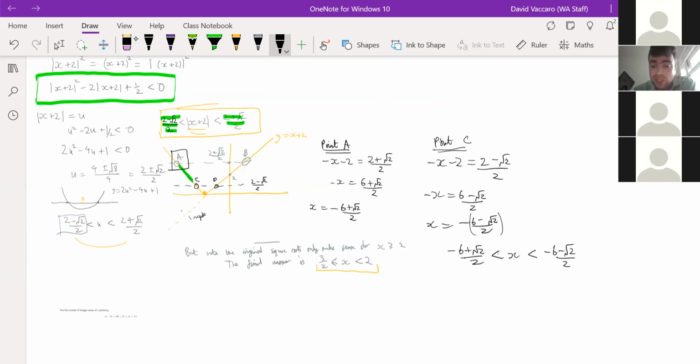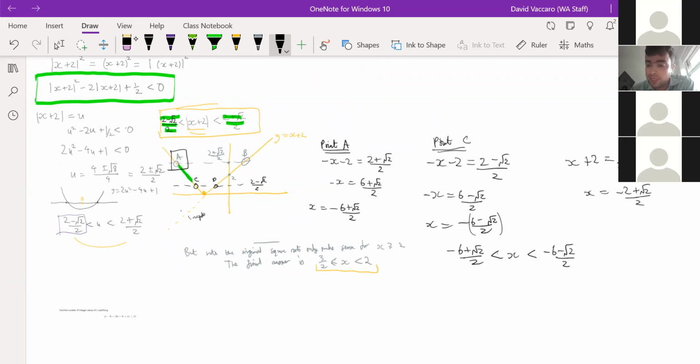Okay, and then I need to do something similar to find point B. So point B, I would have the unflipped line equal to 2 plus √2 over 2, which would give me x equals, if I subtract for -2 plus √2 over 2.